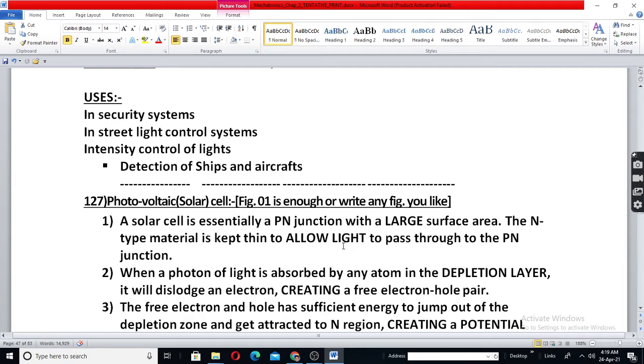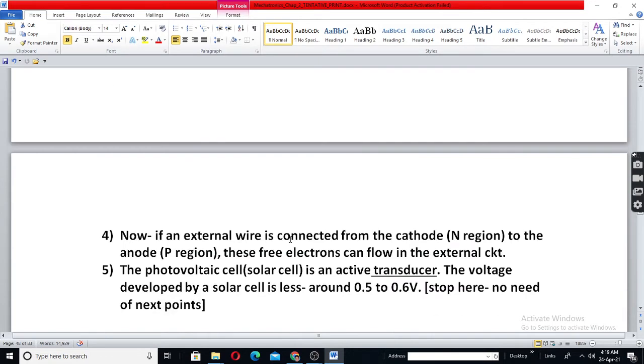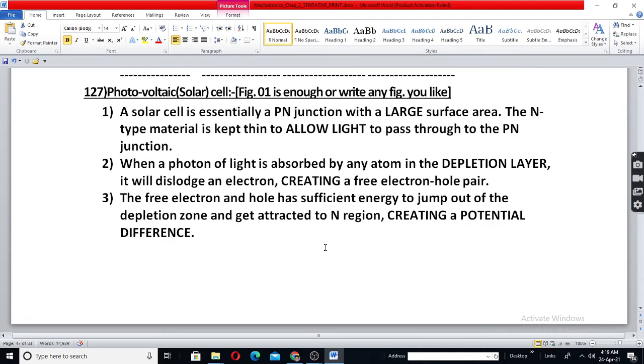Now here you have PN. This is N type material, and this is a P type material. You will have a PN junction. When light falls on it, light is made to fall on the N type material. Then conduction will take place between these two. It will absorb the photon energy or light energy, which will create electron hole pair in the depletion layer.